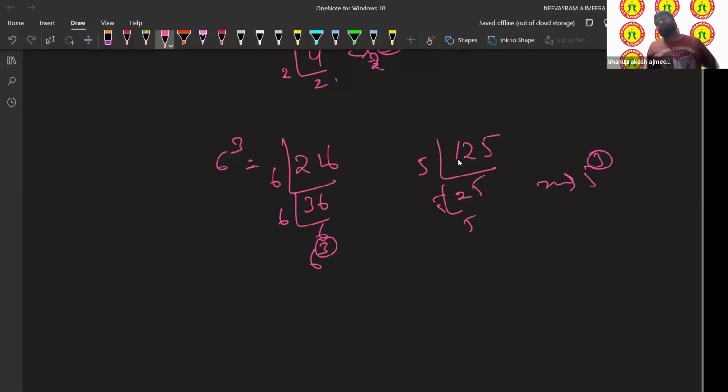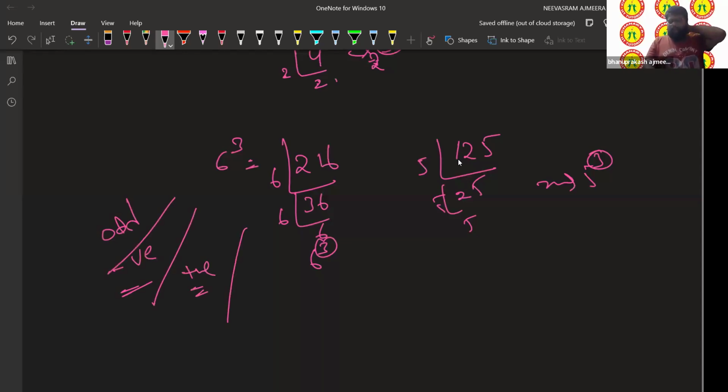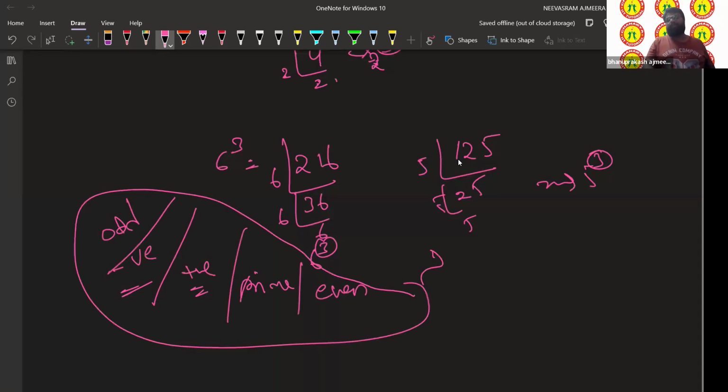The base may be anything. The base can be odd or even or negative, positive, a prime number, anything. But the power of these should be a multiple of 3. Any confusion till now?